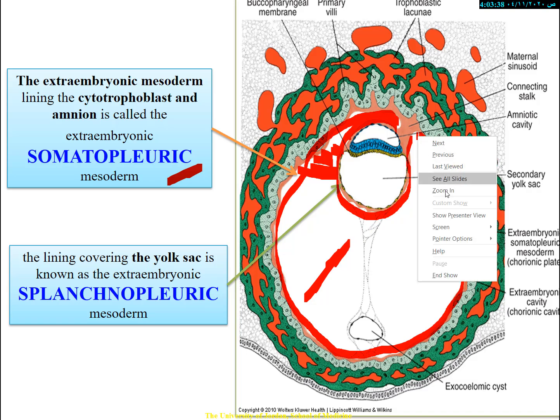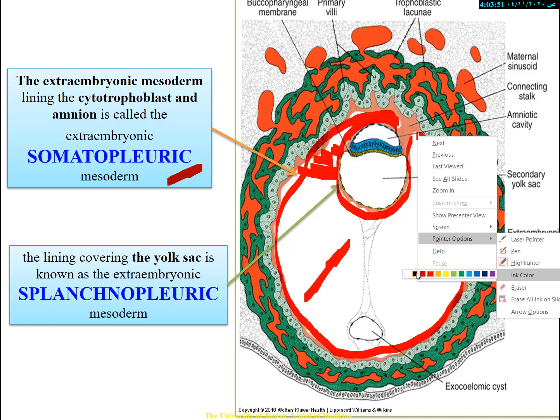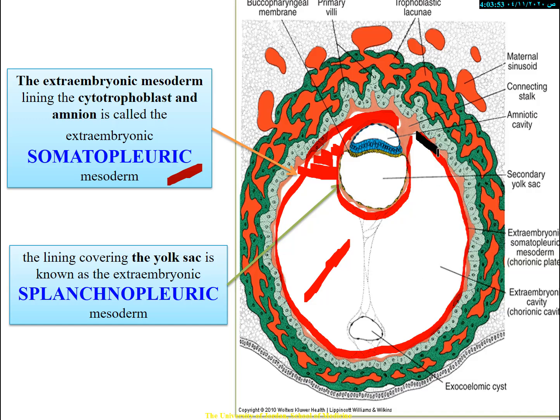I will do it here. Let's change the color, though it's not that much recommended. So this is the extraembryonic mesoderm that lines the trophoblastic cells. Now this, we call it somatic.